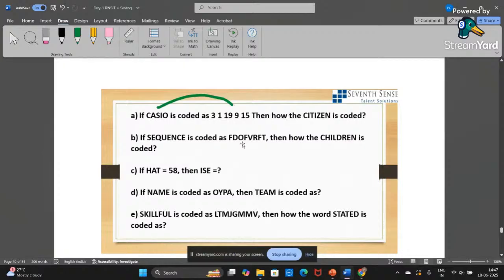The same logic should be applied for the word citizen. What is the position of C in the table? It is 3. For I it is 9. For T it is 20.